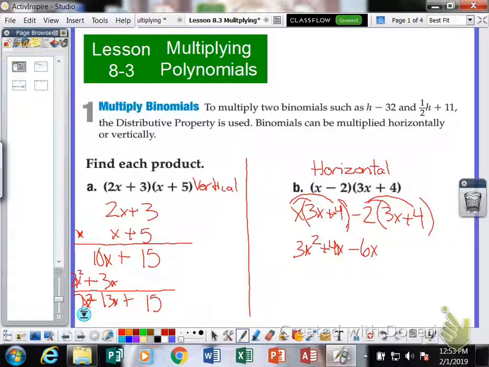And here, negative 2 times 3x is negative 6x, minus negative 2 times 4 is 8. Now I combine like terms. I have 3x squared, 4x minus 6x, negative 2x, minus 8. And that would be my final answer there.